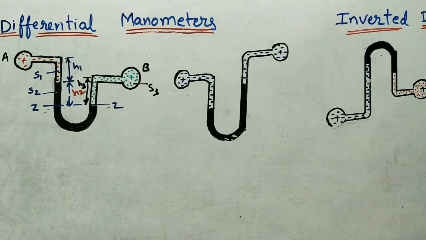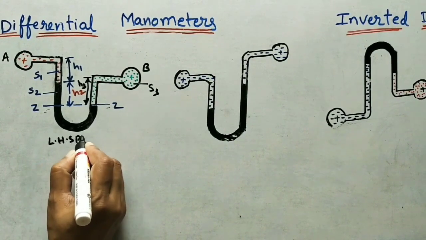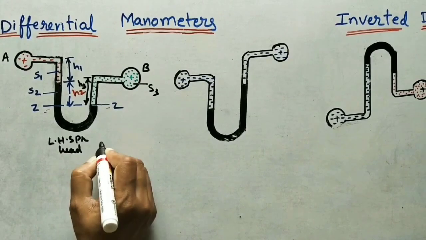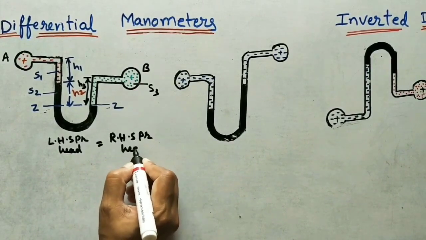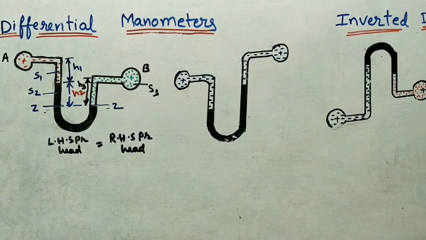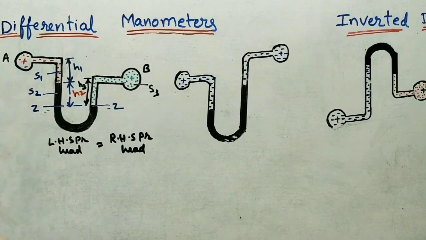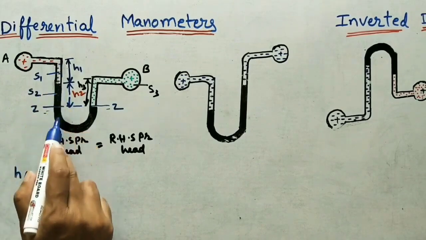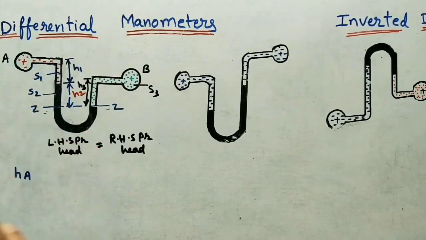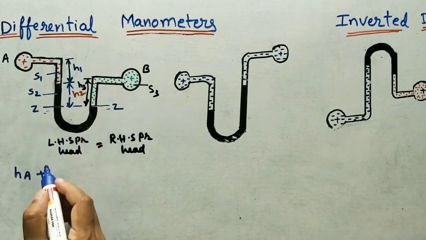Now write the pressure head equation. Here also, left hand side pressure head is equal to right hand side pressure head. We have to assume that for equilibrium of this gauge or manometer. Let us take the left hand side. The pressure head at point A is HA. These heights are below the bulb, so I am taking plus, because of this height the pressure head is H1 S1.